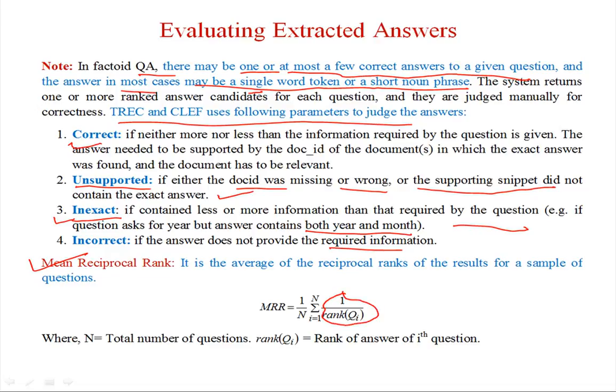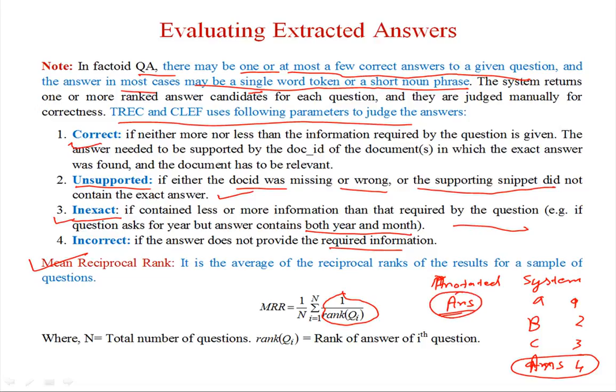For example, in the model answer or annotated answer, an answer is given, and your system generated answer, suppose, is at the fourth rank.